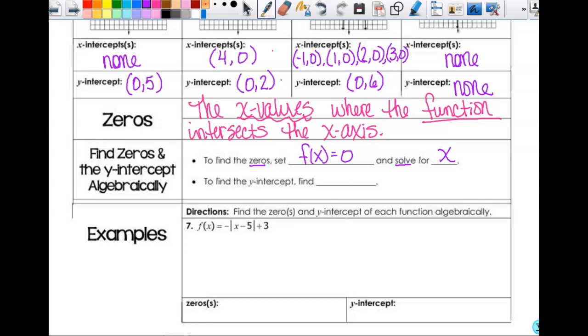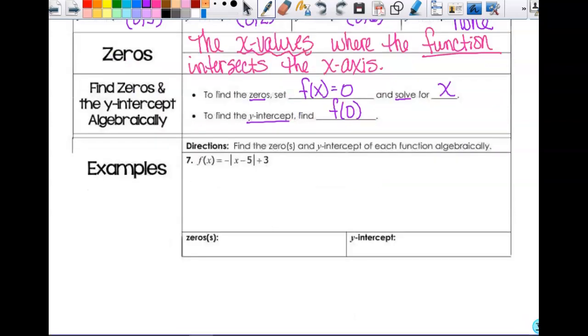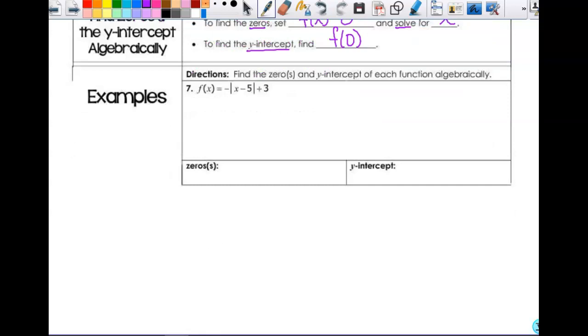To find the y-intercept, you set x equal to 0, which means you are finding f of 0. Okay, so let's look at this first example. Sorry, things are overlapping. I want to find the zeros and the y-intercept of each function.